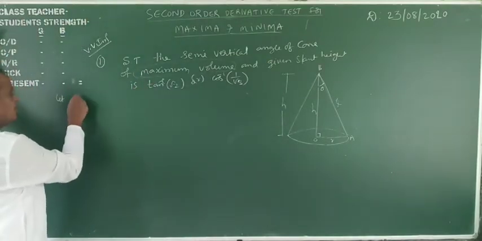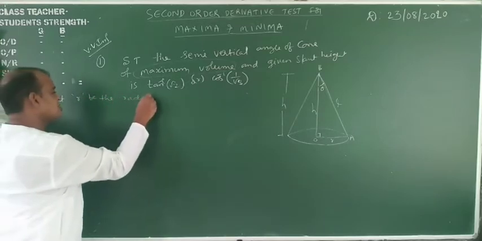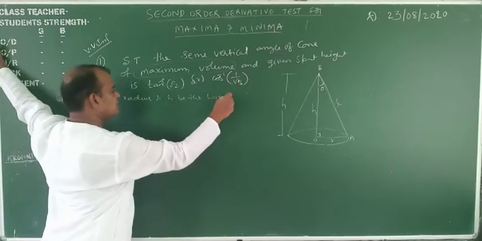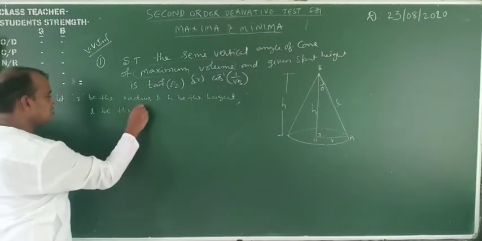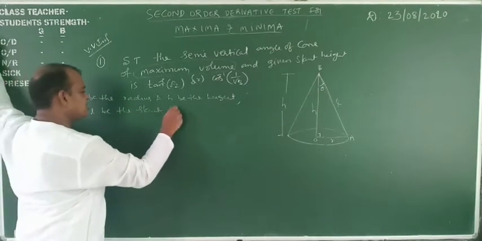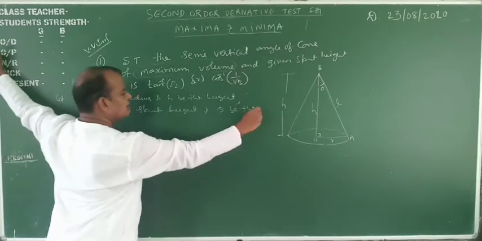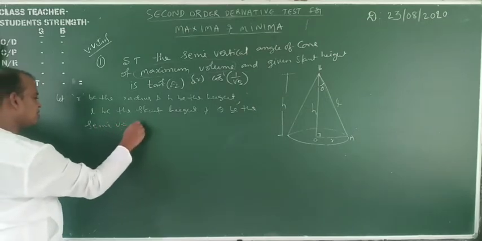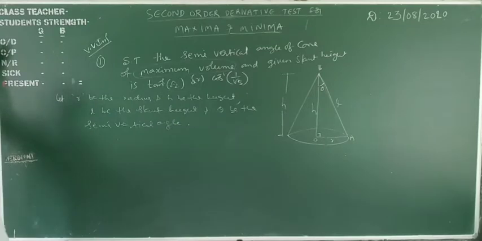Let r be the radius, h be the height, l be the slant height, and theta be the semi-vertical angle of the cone.